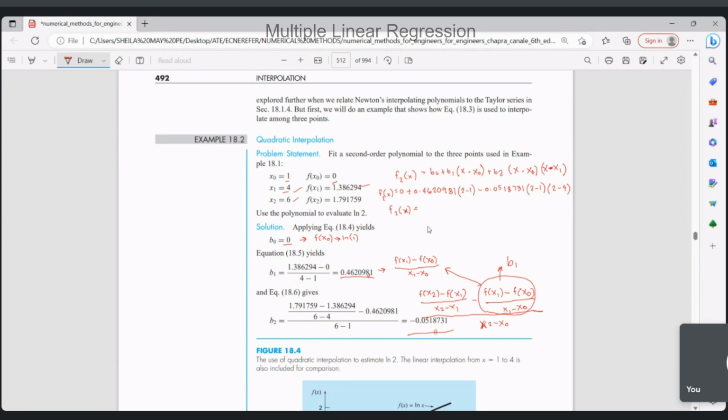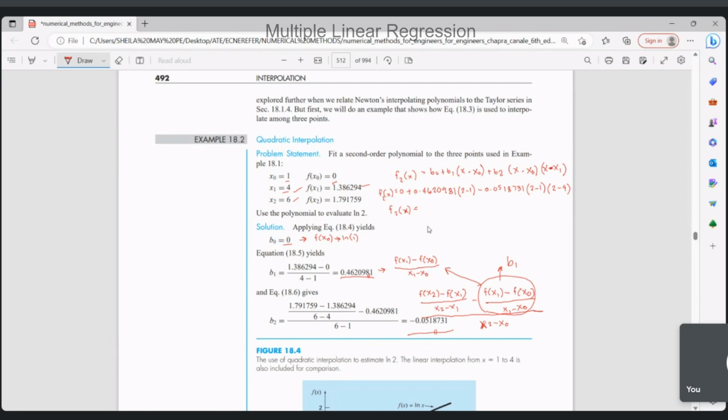Palihog ko compute. 0.4620981 times 1 minus 0.0518731 times 1 times negative 2.